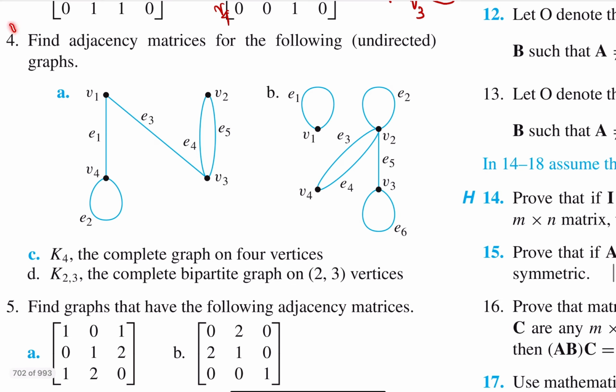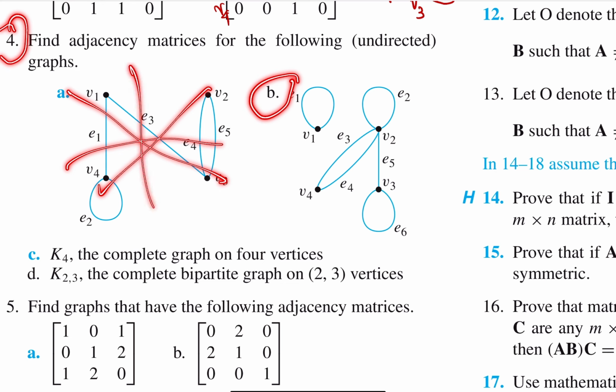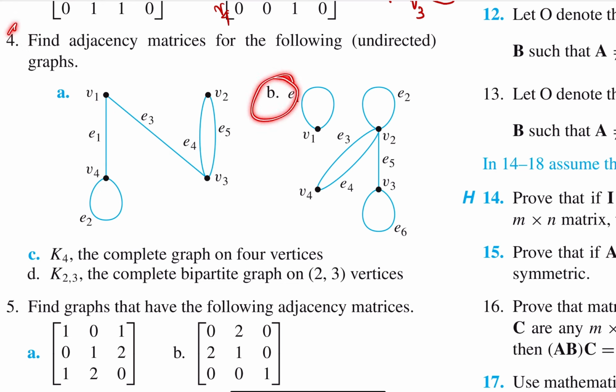Let's do the next one. Again, we have to do just 4B, because this one we cannot do, they have a solution already. Find the adjacency matrix for the following undirected graph. Be careful, this one is undirected.